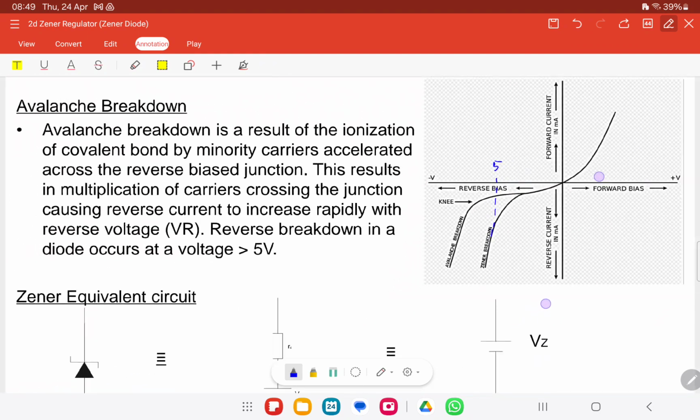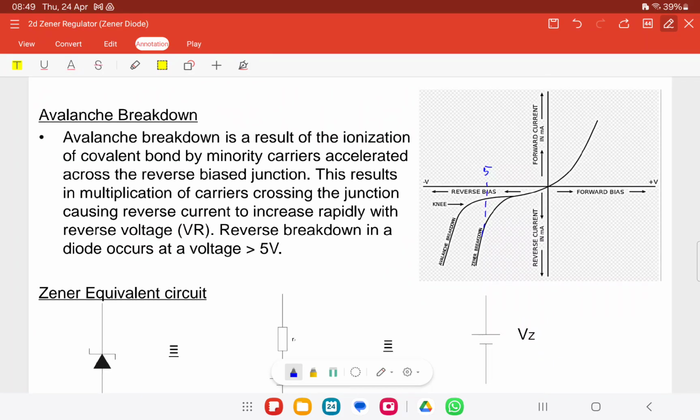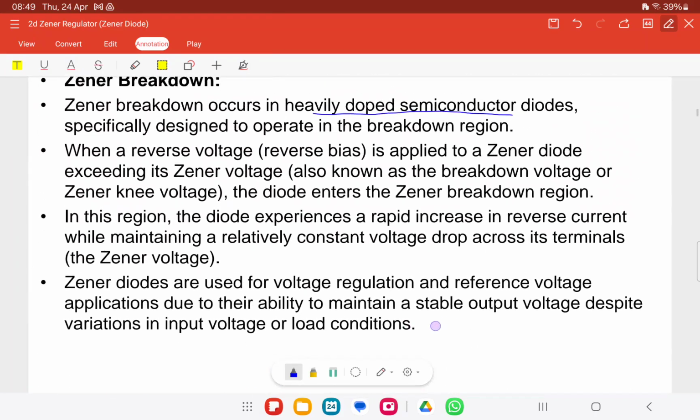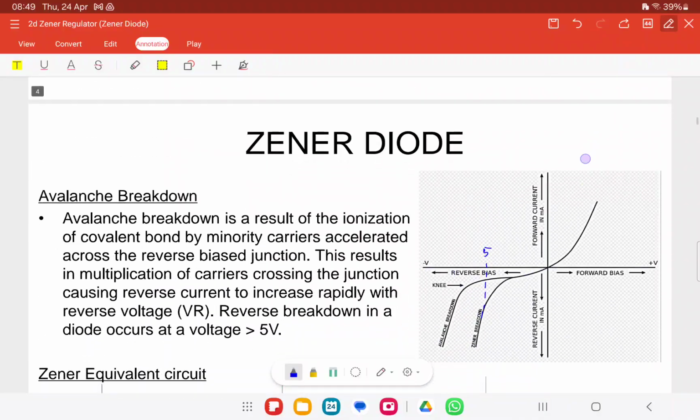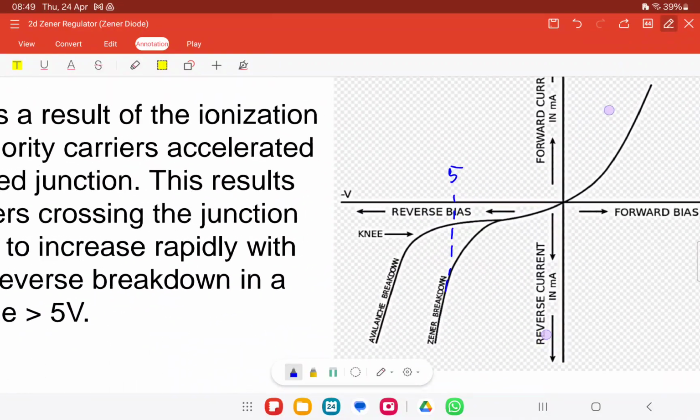This is due to the movements of the ions. If you read here, the explanation is how we get the movements of the ions due to the doping. So that is for the Zener breakdown.